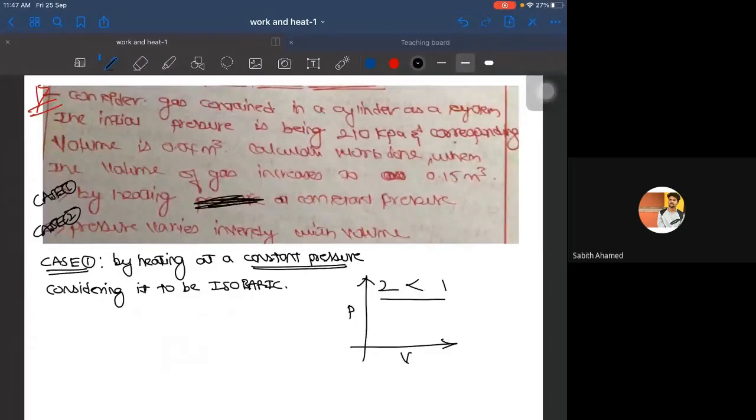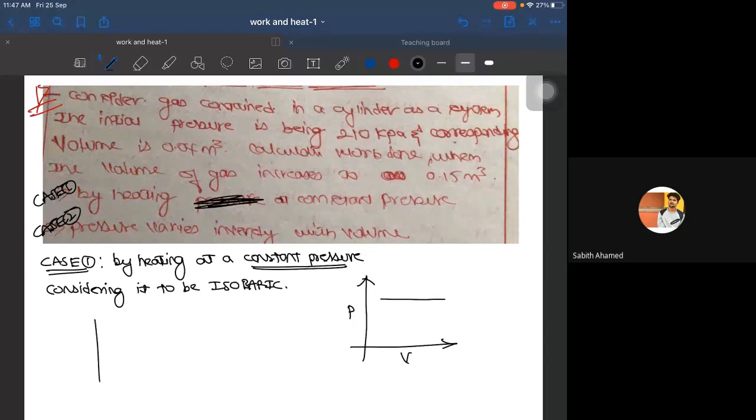For that, I have to read the statements of the problem very carefully. Consider the gas in the cylinder as a system. The initial pressure is 210 kPa. He has mentioned the pressure. So let us formulate a table so that things get clarified easily.